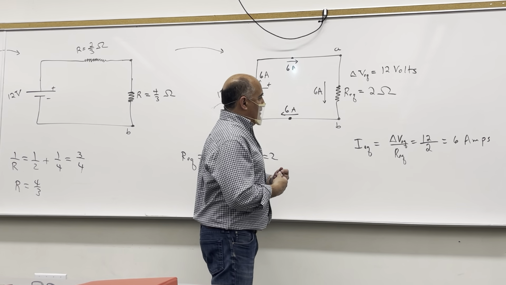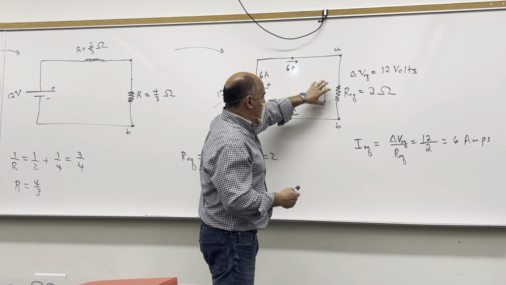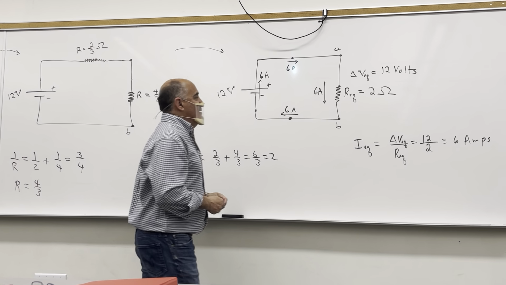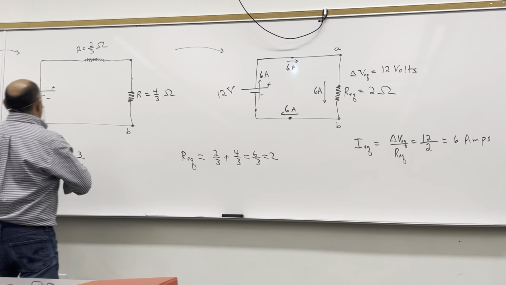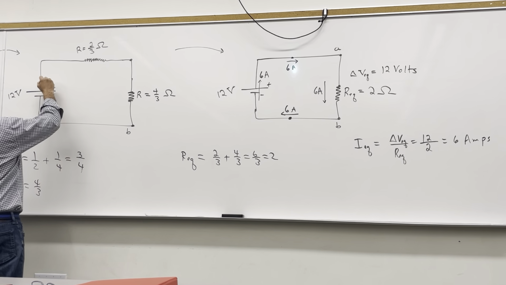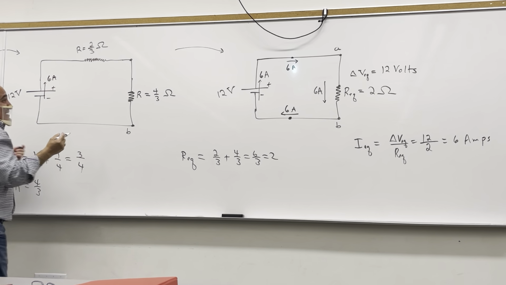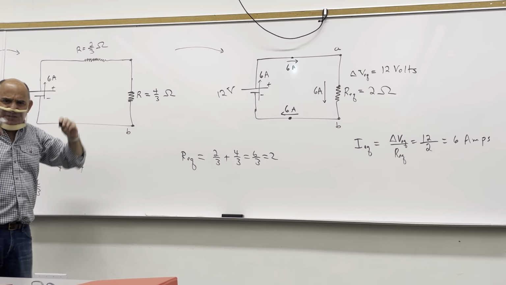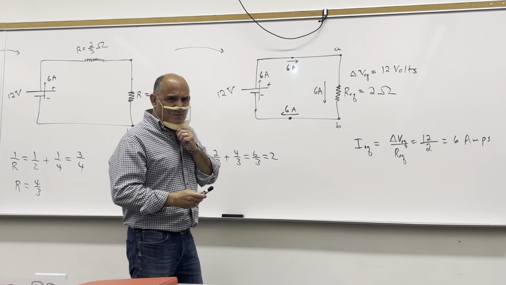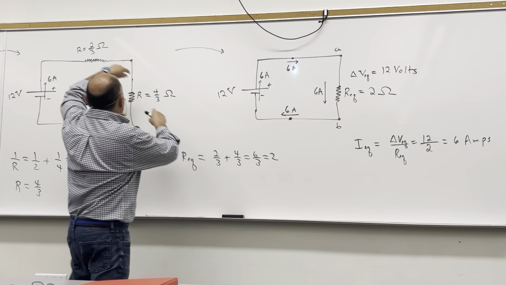So let's do the following. We know that we have this voltage and this resistance, the current through it is going to be 6 amps. Now, what are the currents through this resistor and through this resistor? I gotta have 6 amps over here and 6 amps over there. But even if I forgot that, I could say this resistor came from this combination.